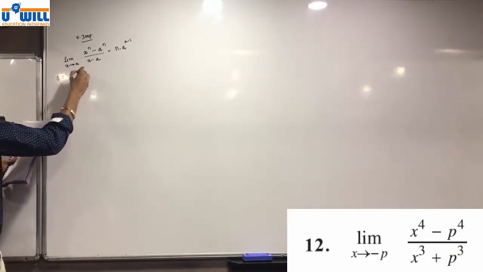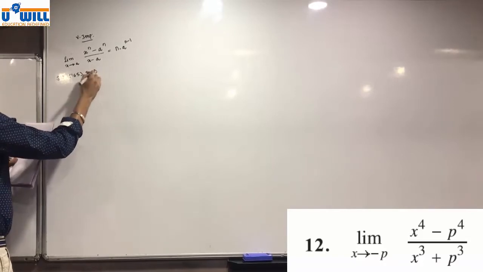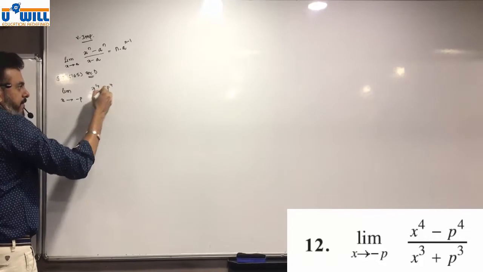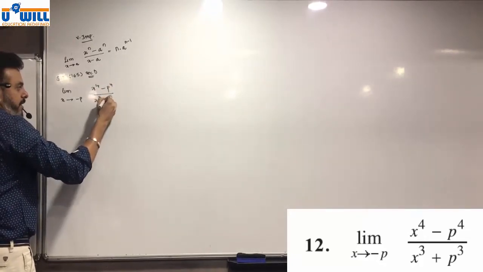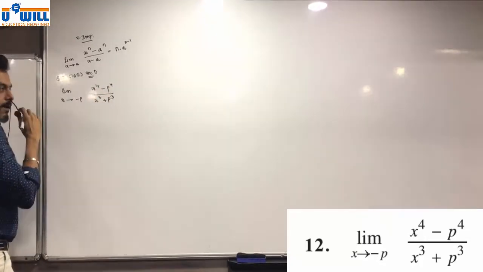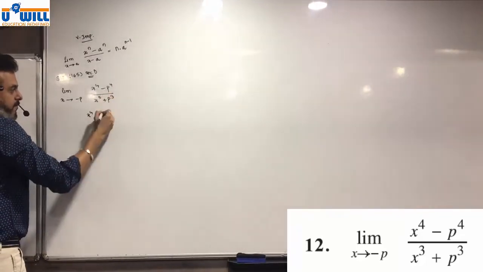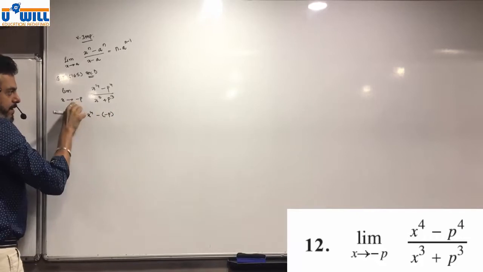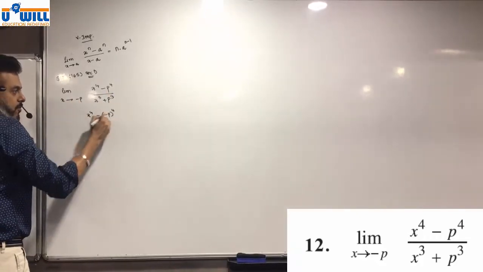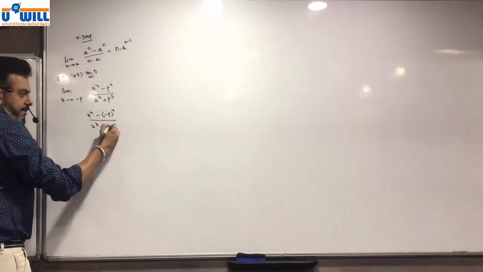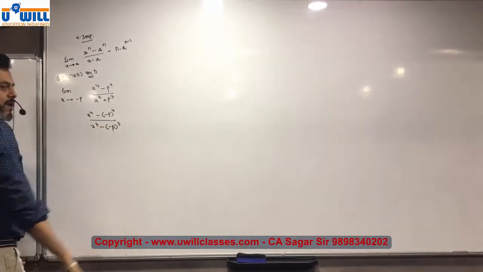Page number 165, section D. Pay attention. X raised to 4 minus p raised to 4 upon x raised to 3 plus p raised to 3. Now over here, we take x raised to 4 as it is, this p we will take as minus p raised to 4 upon x raised to 3 minus p raised to 3.